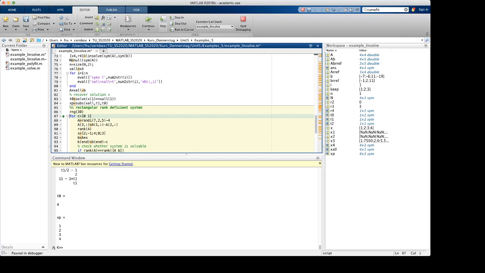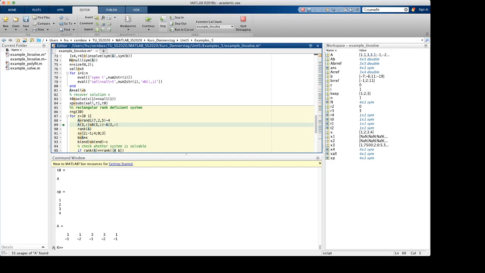So let's start this loop. Again, random matrix, capital A. It's of size 2 by 5. And now I add a third row, which is a linear combination of these two rows. So A is now size 3 by 5, but its rank is only 2.